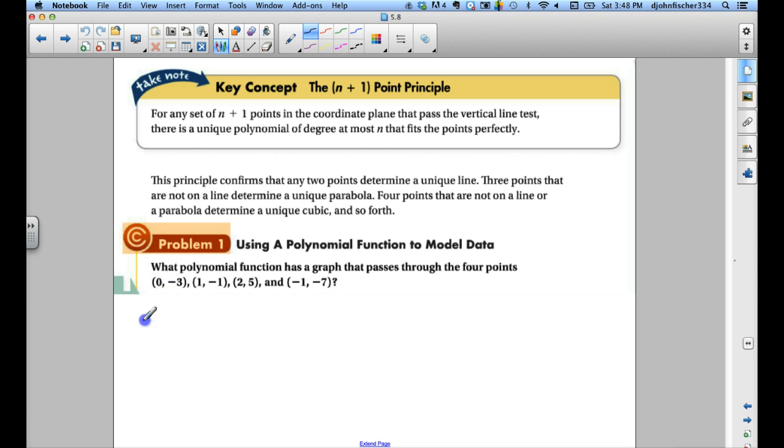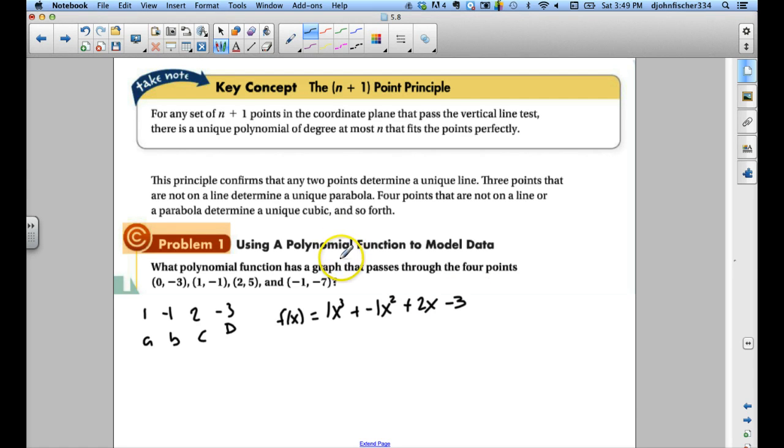Therefore f of x equals 1x cubed plus a negative 1x squared plus 2x minus 3.